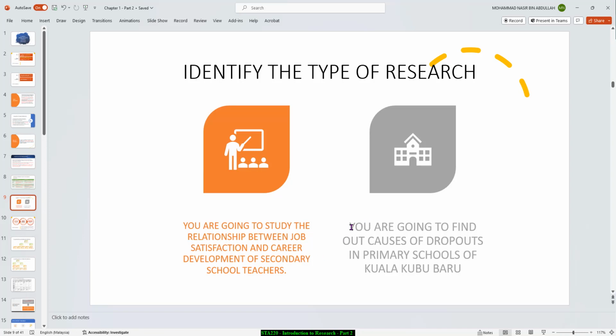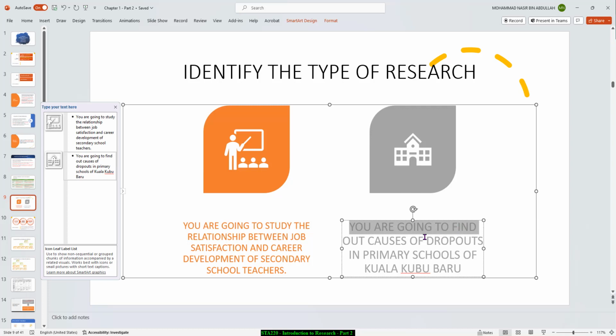Another one on the right hand side, you are going to find out the cause of dropout in primary school. So we want to find the factor that caused dropout in a primary school. So is this applied or basic?